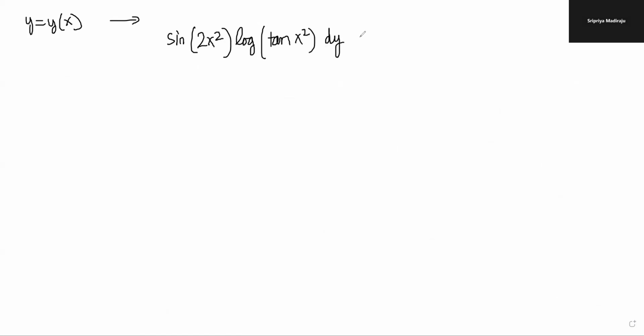Okay. Next one is: y is equal to y(x) is the solution of the differential equation sine of 2x square log tan of x square dy plus 4xy dx.